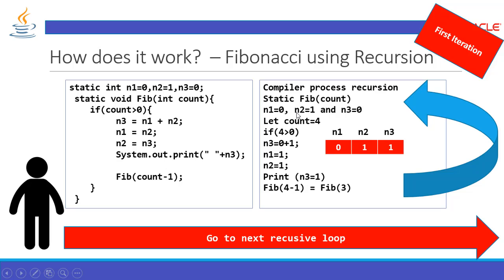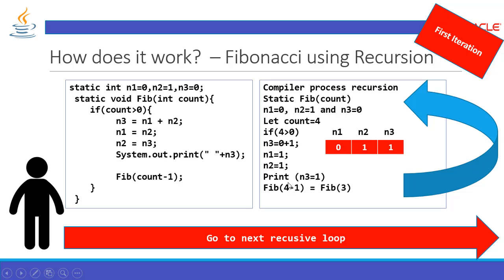So in the first iteration inside the compiler, let's see how it works. n1 equals 0, n2 equals 1, and n3 equals 0. In the first iteration, since count equals 4, which is greater than 0, the series goes like this: n1 is 0, n2 is 1, and n3 is 1. When n3 calculates n1 plus n2, this will be 0 plus 1, so it will be 1. Now the recursion comes in with this blue arrow. This method calls itself because the condition is still true.